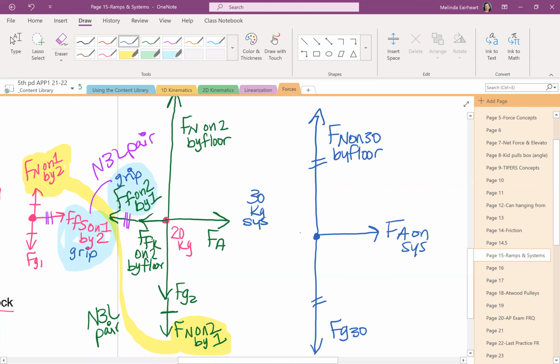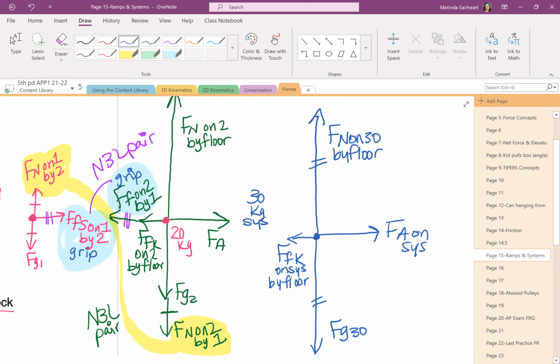And so I'm going to draw that in. And again, I tried to be a little cognizant of magnitudes, but we don't really know numbers yet. But it's on the system by the floor. And so notice, at least this one, this example, I've done the most descriptive labeling on my force diagram.